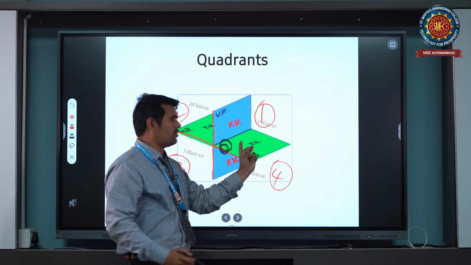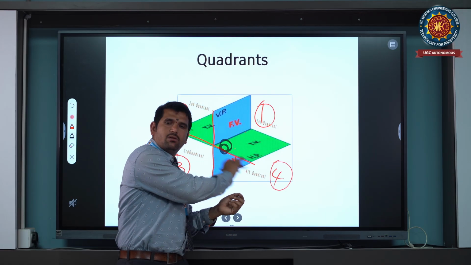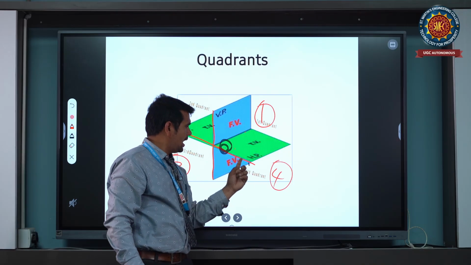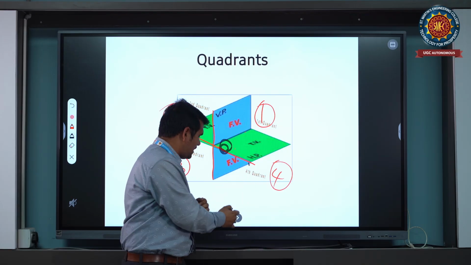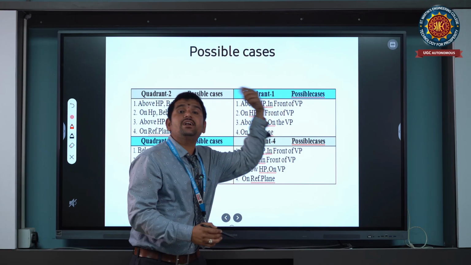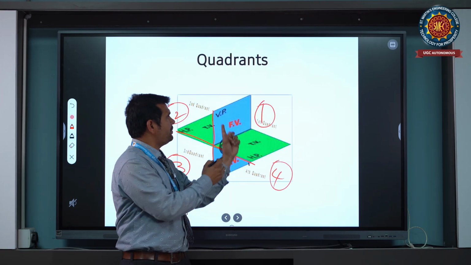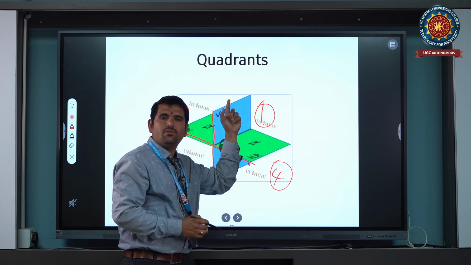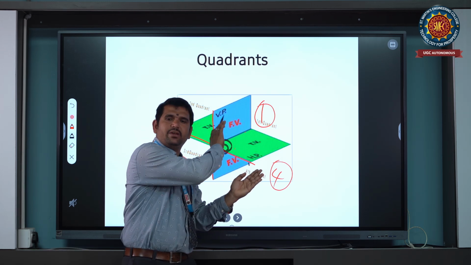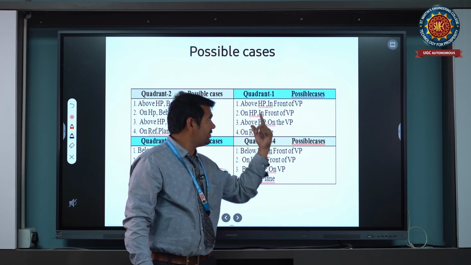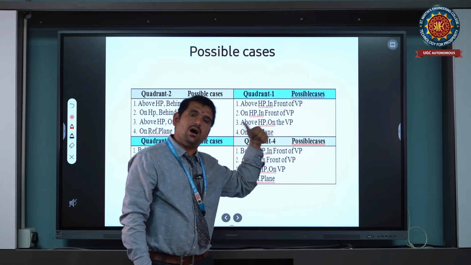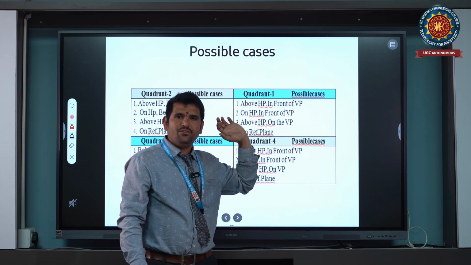So everywhere we are going to say, see, this is called horizontal. For example, here or here or here, everywhere it is on HP. Then again, in front of VP. In front of VP means, this is the vertical plane, and in front means anywhere it is at rest.